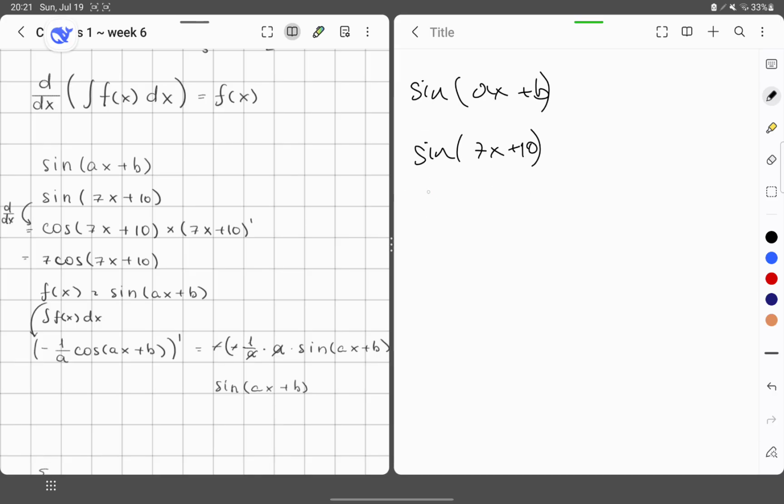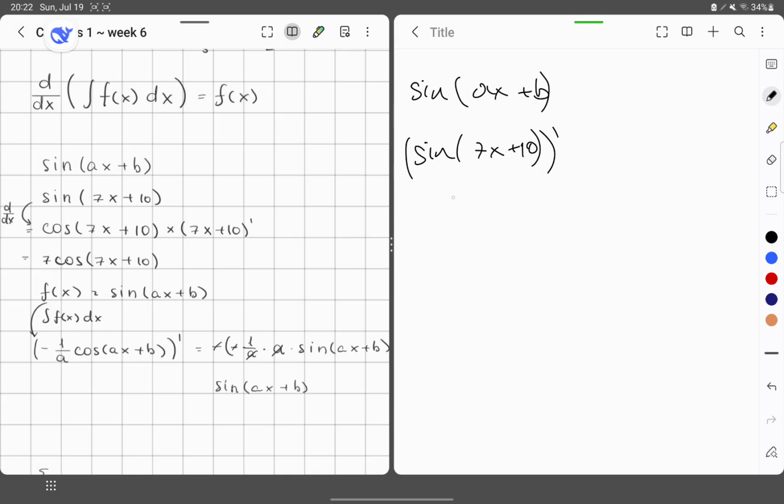How was it in derivatives? The derivative of cosine was negative sine, the derivative of sine was just cosine. Okay, so let's find the derivative of sine 7x plus 10.